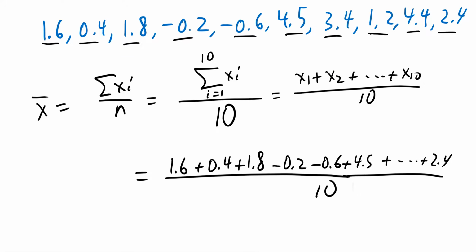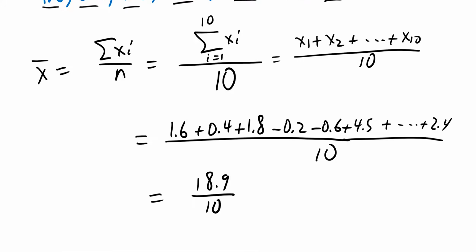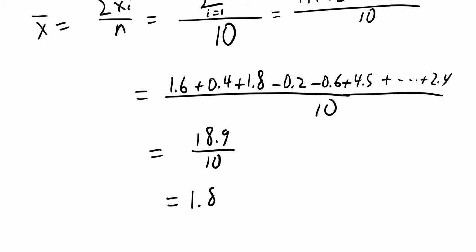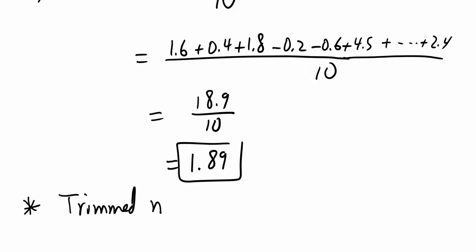That gives us 18.9, and if you divide it by 10, it would be 1.89. That would be the mean. So if they give you fractions, decimals, negative numbers, positive numbers, they're all the same. It works the same way. Now we introduce another thing. It's called trimmed mean.